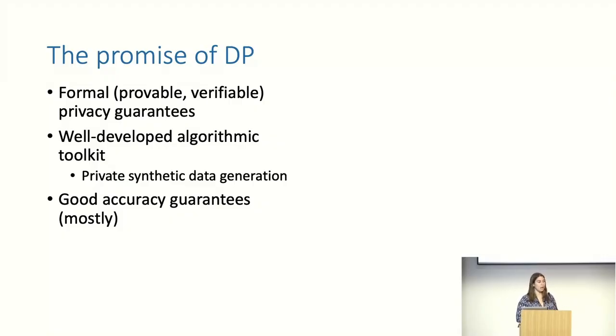We have also, in the past 20 years, developed a very broad toolkit, as you saw in the last talk. You can just download Python libraries and R libraries and Go. It's wonderful.